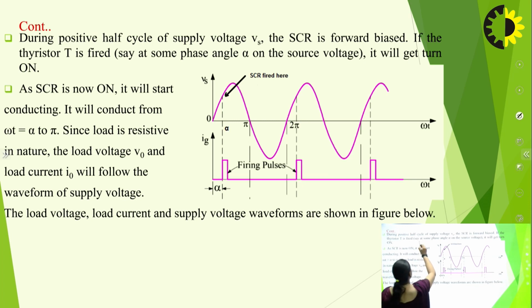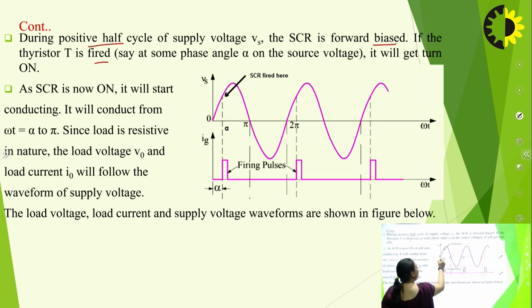So during the positive half cycle, the thyristor is forward biased, and if thyristor T is fired, meaning it gets the firing pulses at the gate terminal of the SCR, it will get turned on.